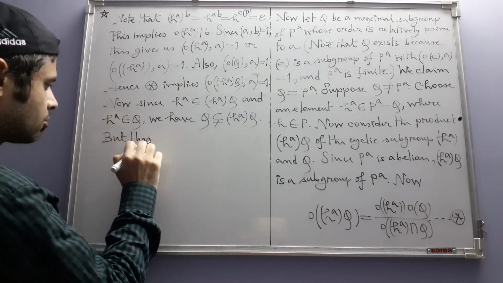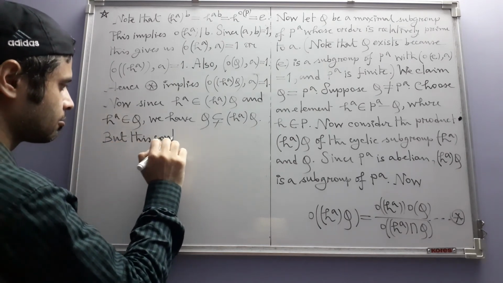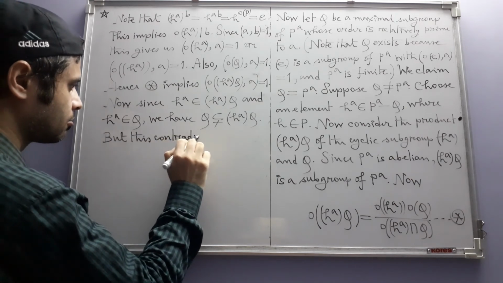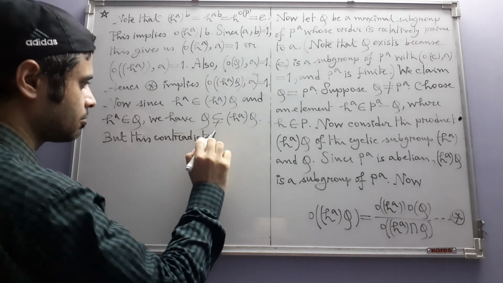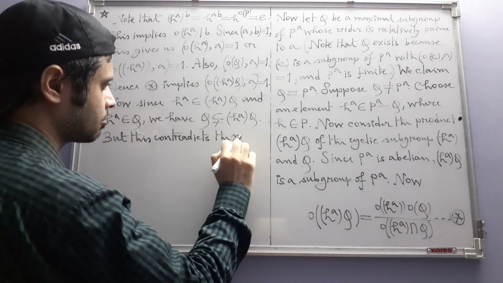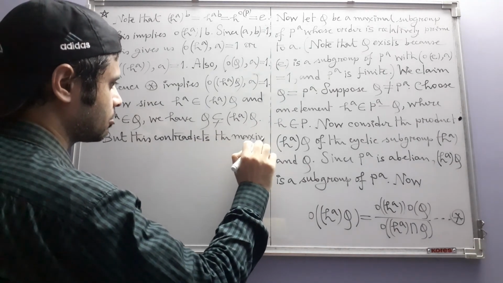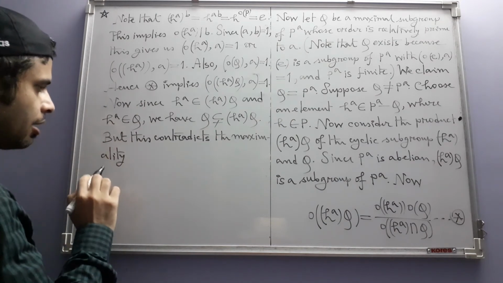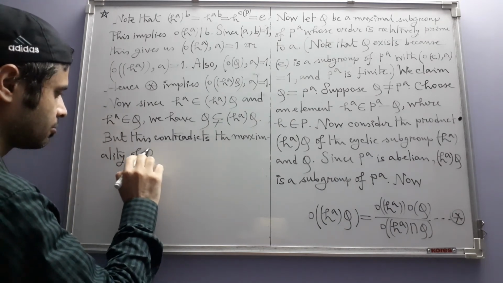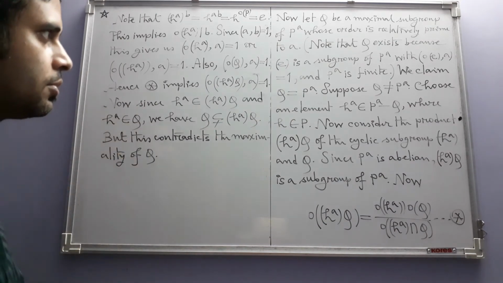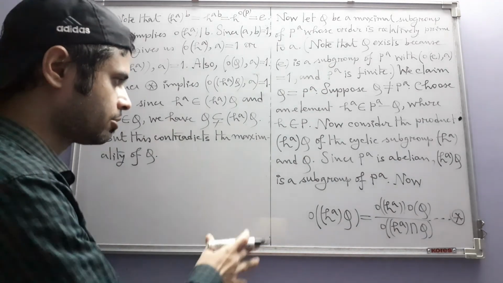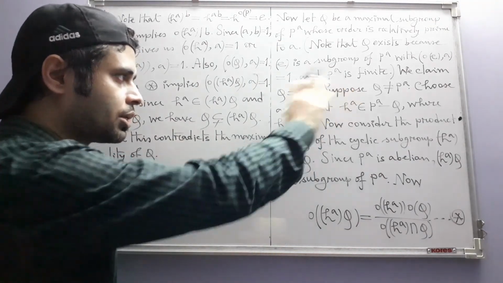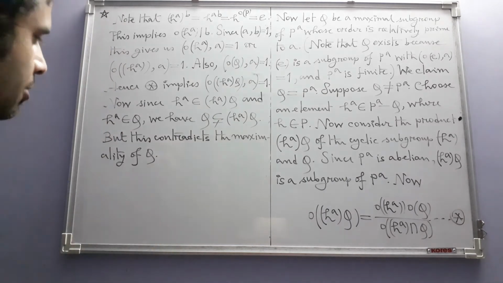But this contradicts the maximal nature of Q. So that means this contradiction is stemming from our supposition, which must be false.